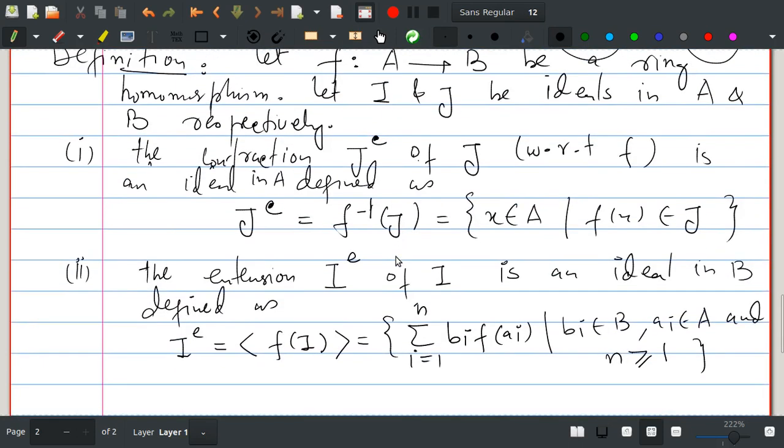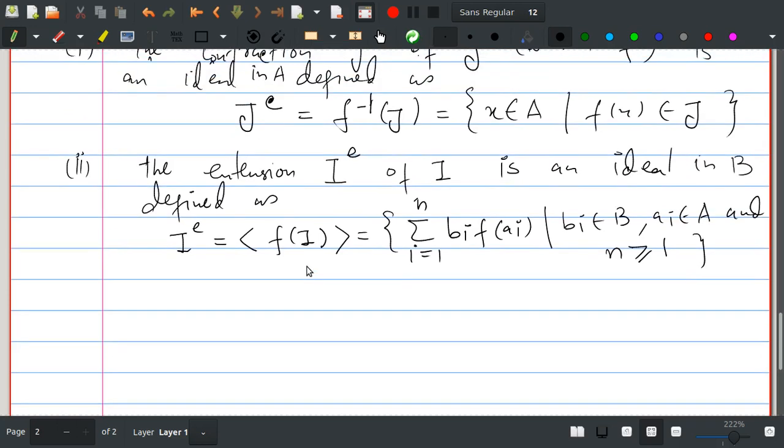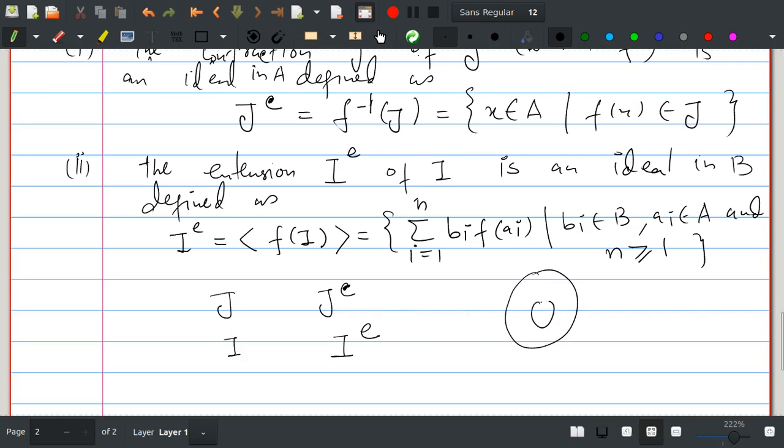So one should remember here that if we look at the ideal J and its contraction, and the ideal I and its extension. Now this is our ideal I, this is our ideal J. Now if we look at its inverse image, this is f inverse of J, which is J contracted.